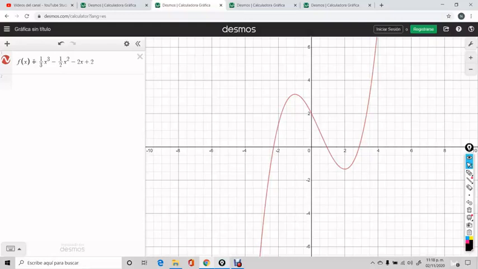So that's the function, okay? Okay, and what do we need to know? We want to know in what intervals this function is increasing or decreasing. So here it goes. Here is the function.